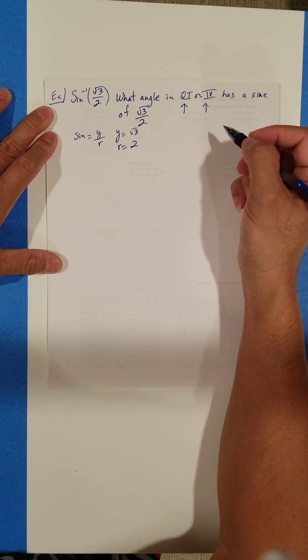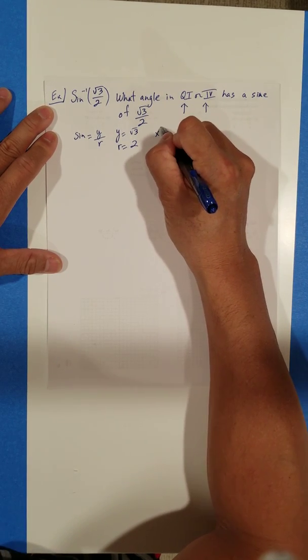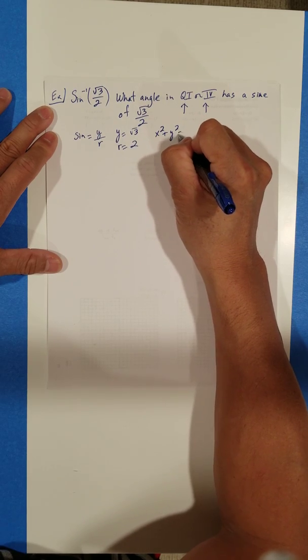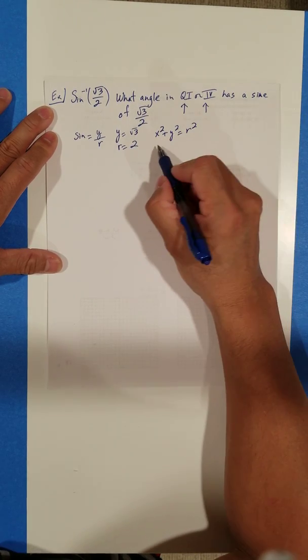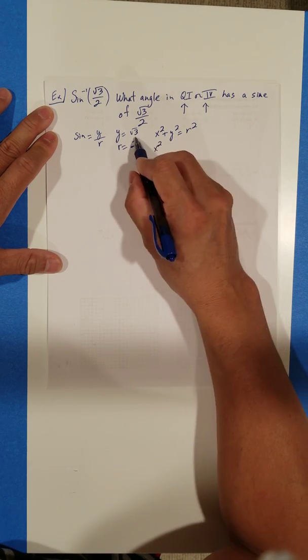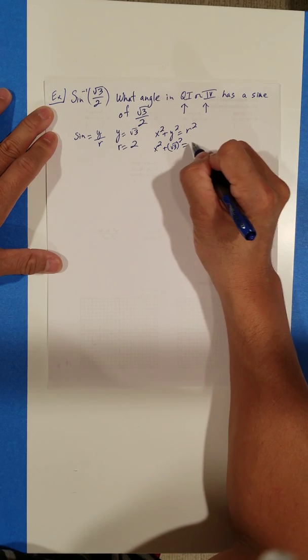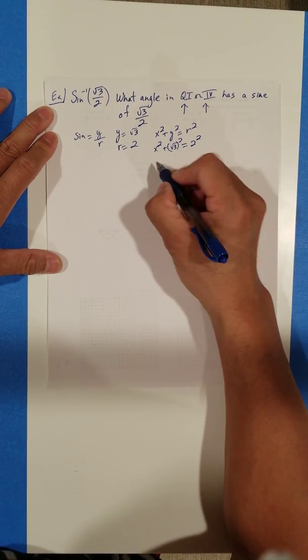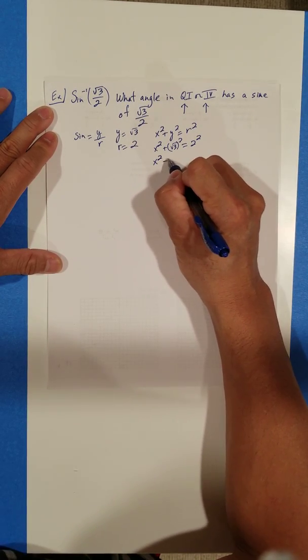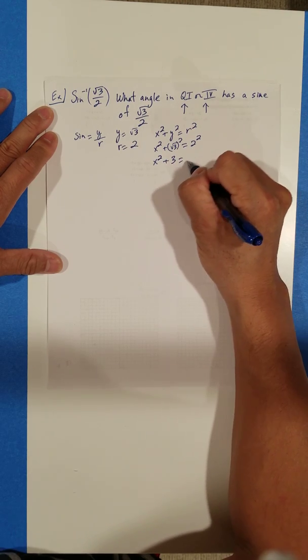So if you remember Pythagorean theorem, x squared plus y squared equals r squared. Okay, we don't know x, so we're going to leave that alone. Y squared, radical 3 squared, equals r squared, which is 2 squared. So x squared plus radical 3 squared, which is 3, equals 4.